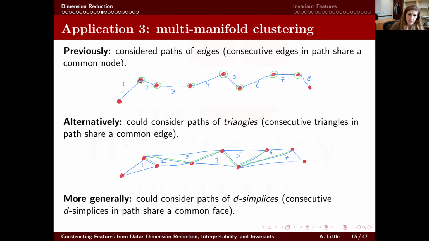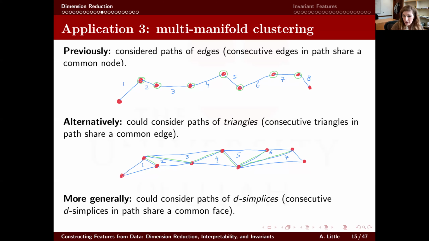But alternatively, you could consider paths of triangles where consecutive triangles share a common edge. So now instead of a path of edges, we have a path of triangles that share an edge at the link. And you could really keep going into higher and higher dimensional spaces. You could have a little path of pyramids that share a triangle. And in general, you could consider paths of d-simplices where consecutive d-simplices in a path share a common face.